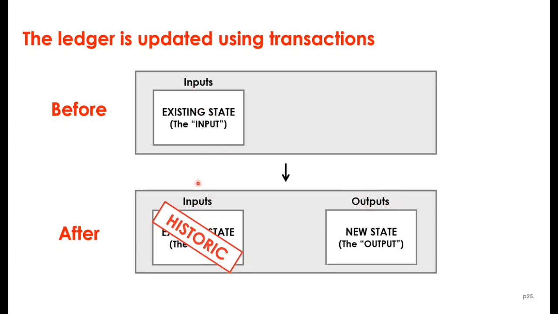Again, I can't use that $10 anymore, while the output states are created and they become the current state of the ledger. So now any new transactions with that $10 will begin with this state, because this is the new state of the ledger.